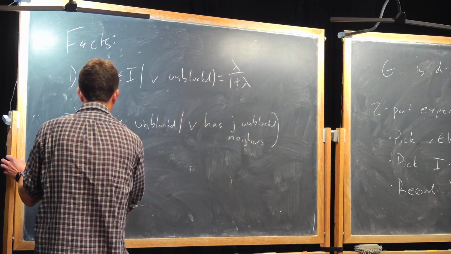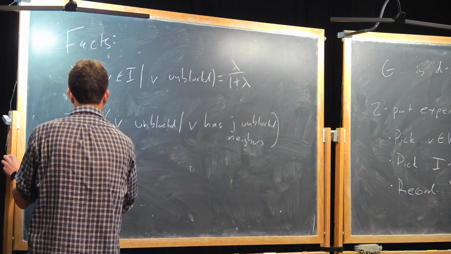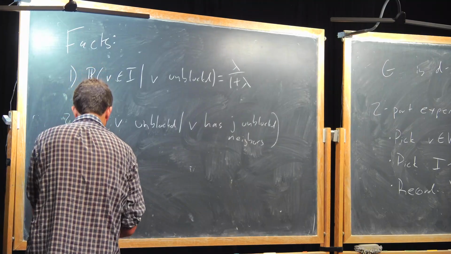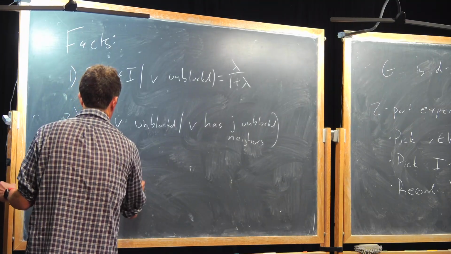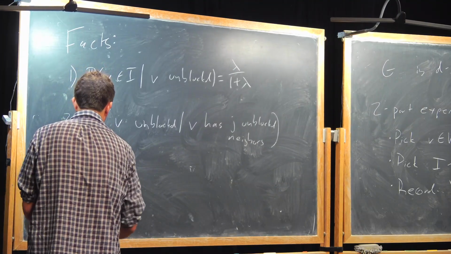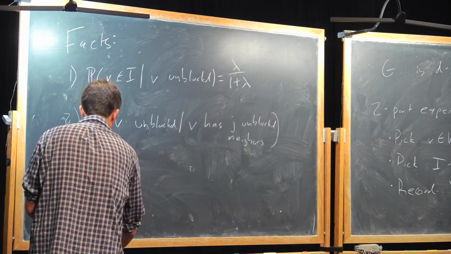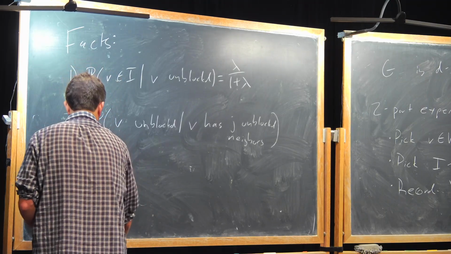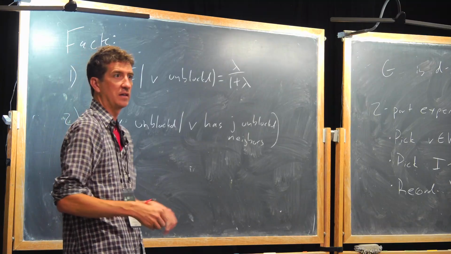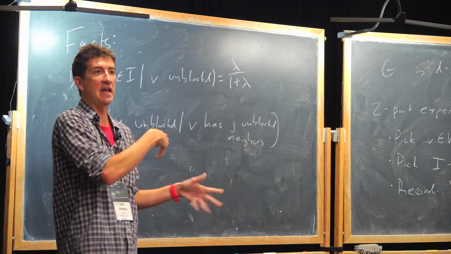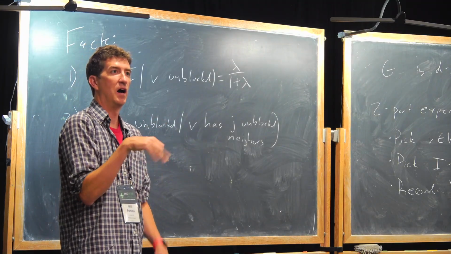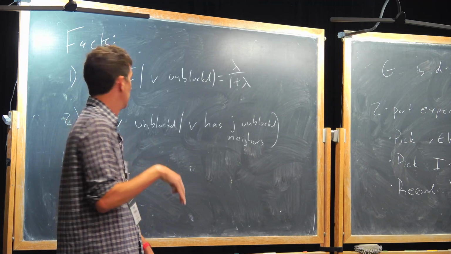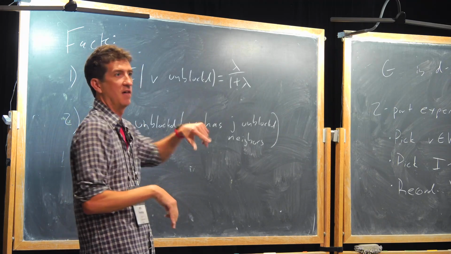So what I'm saying is here's the picture. Here's V. Maybe V has some neighbors that are blocked, and then some neighbors that are not blocked. And I want to know, given that V has 3, for example, 3 unblocked neighbors, what's the probability that V itself is unblocked?